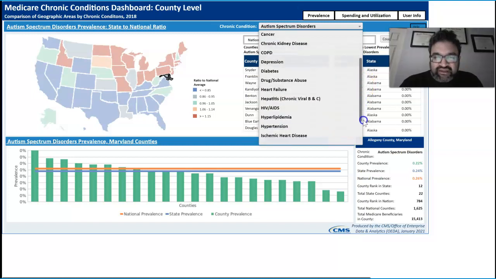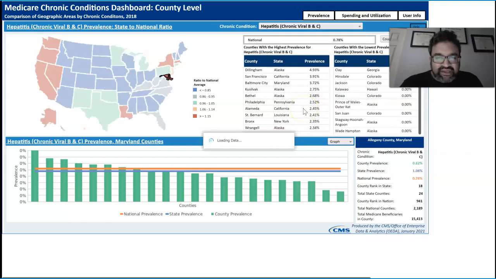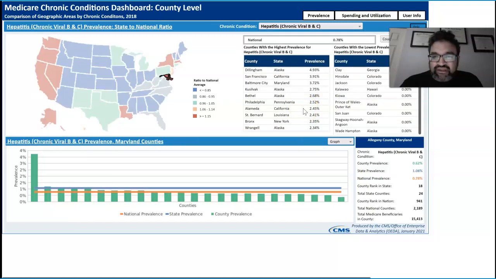We can take a look at another one here, hepatitis, and see if we can turn this into counties. So the county ranks are there, and then the state prevalence and the state to national ratio is available. So anyway, this is a really good dashboard. It gets into the prevalence.